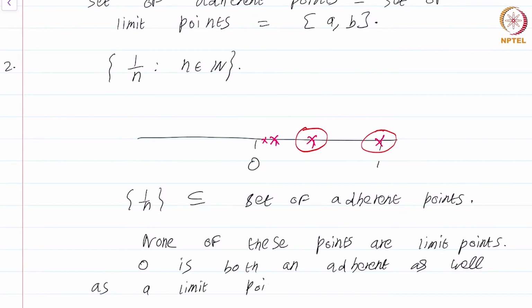So the set {1/n} is sort of getting infinitesimally close to the point 0. So here the set of limit points is just one element, the element 0, whereas the set of adherent points is {1/n} along with 0. So these two notions need not always coincide.